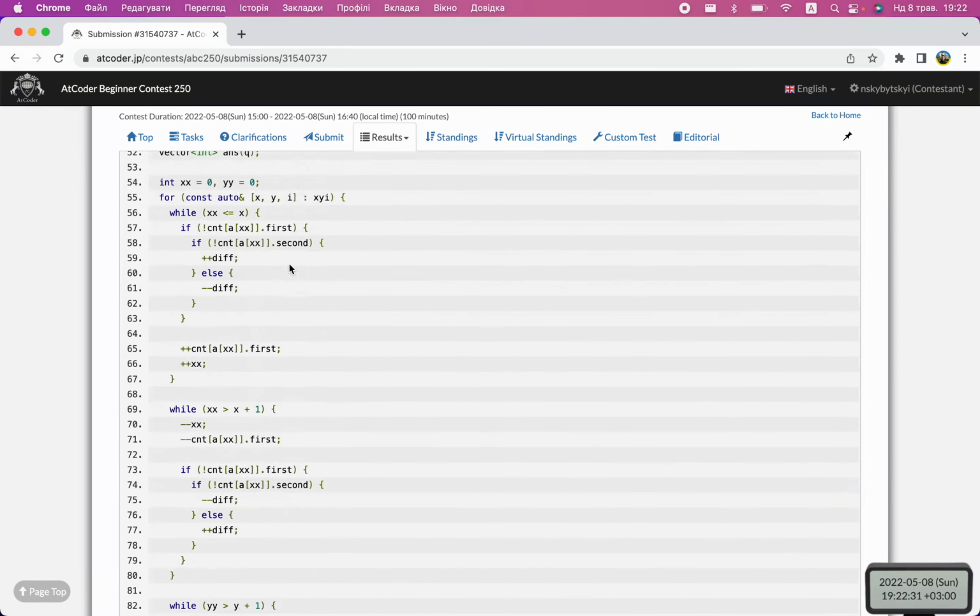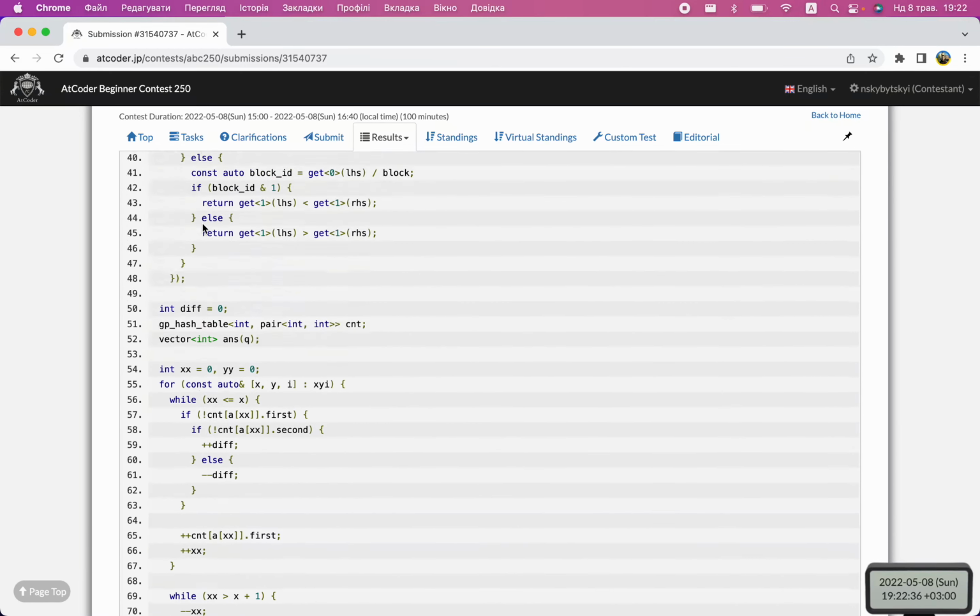For Mo, you need a way to move both endpoints and then maintain some information so that you are able to answer queries in O of one time. So I once again maintain the symmetrical difference of two sets.